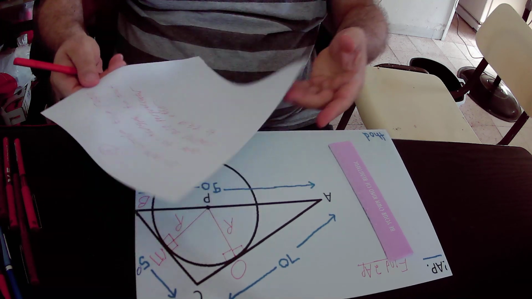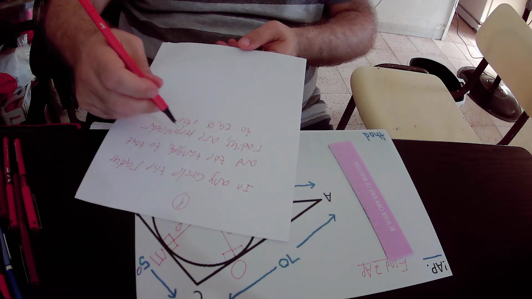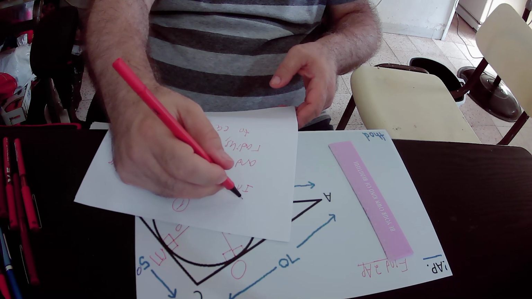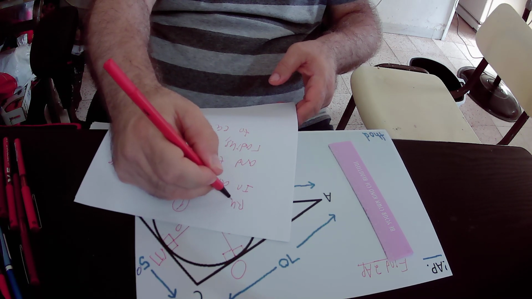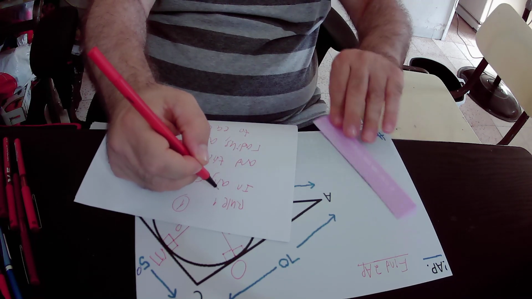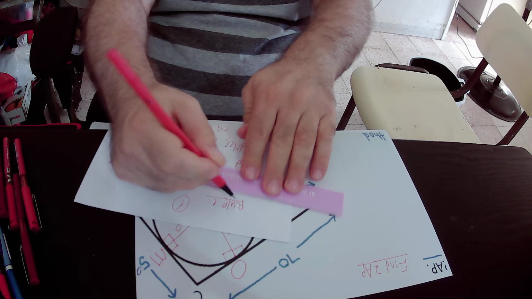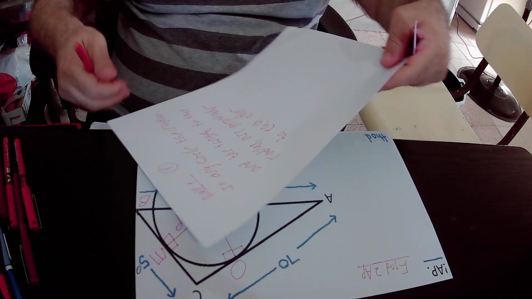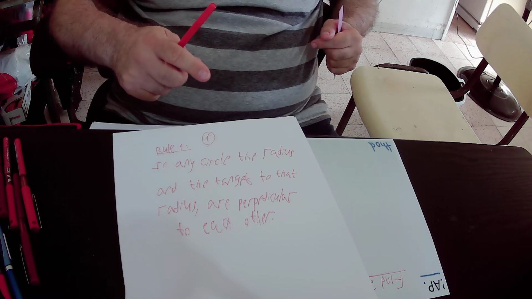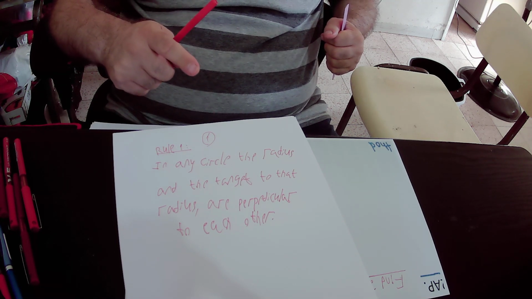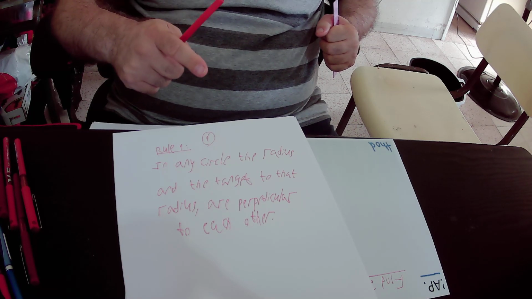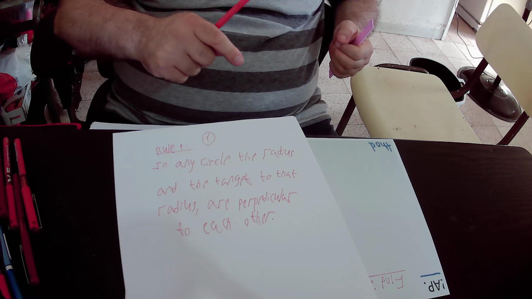Again, this rule states that in any circle the radius and the tangent to that radius are perpendicular to each other.